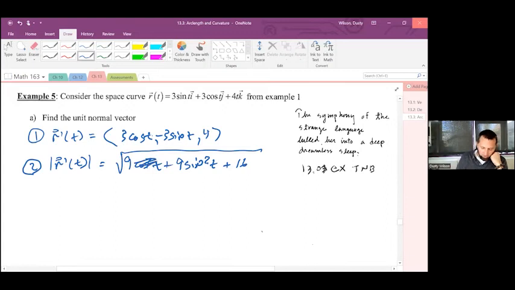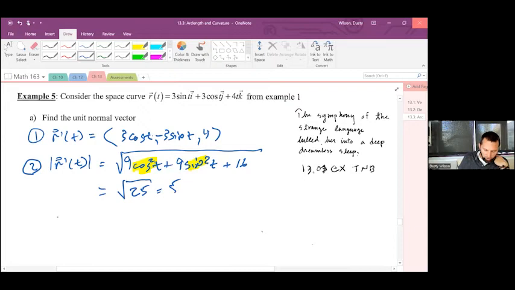Factor out the 9, and you're left with a cosine squared plus sine squared, which is 1. And so this is equal to the square root of 9 plus 16, or 25, which is 5.